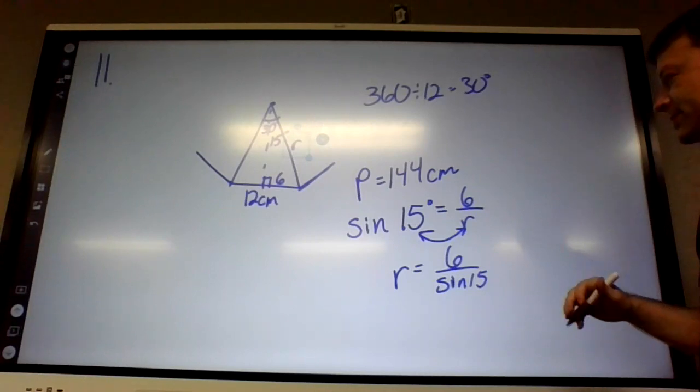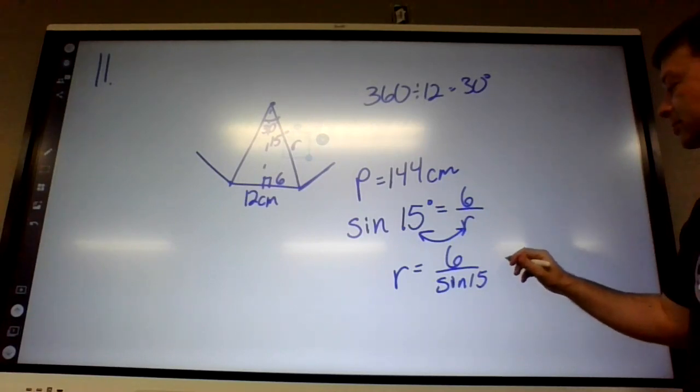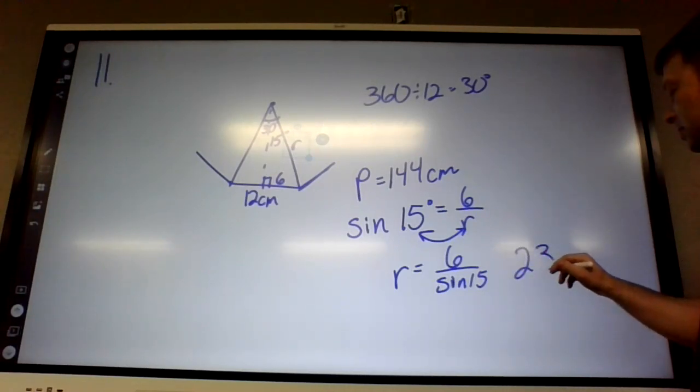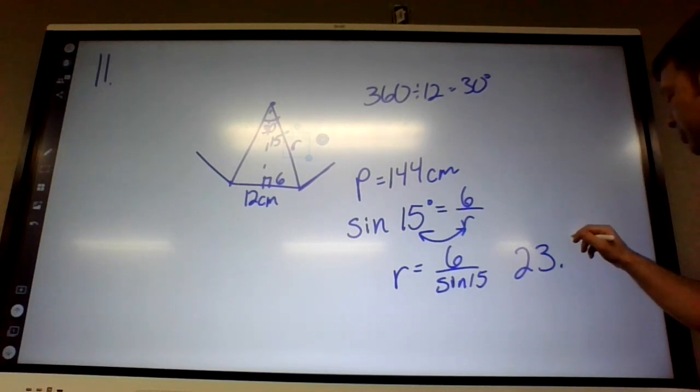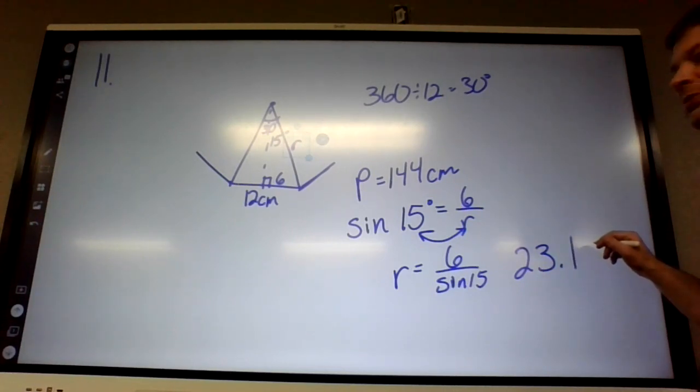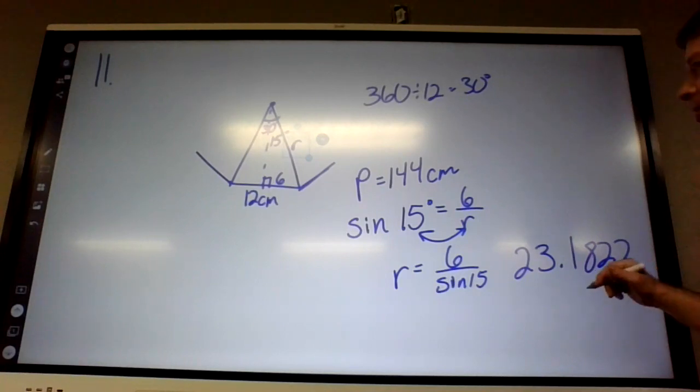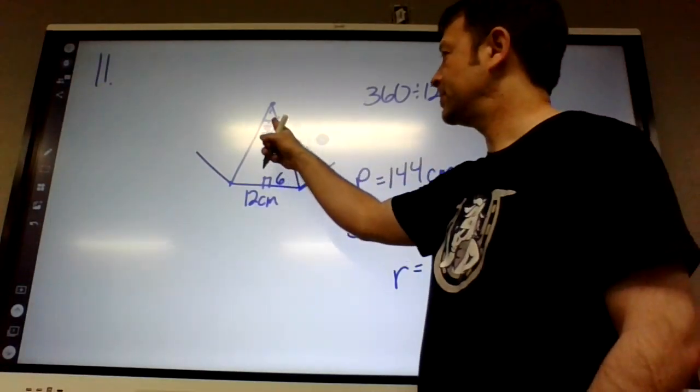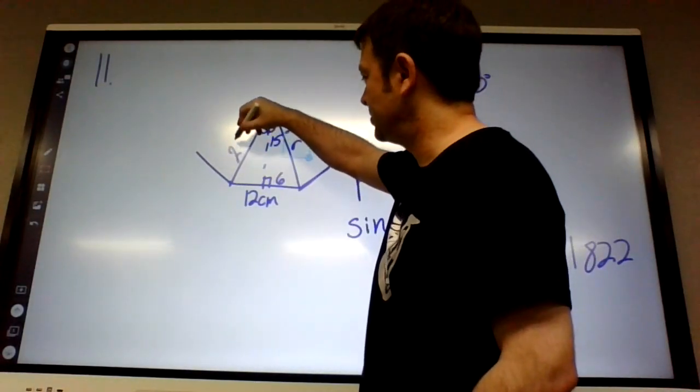Four decimal places. 23.1822. Okay, so that's our radius, and it's on both sides.